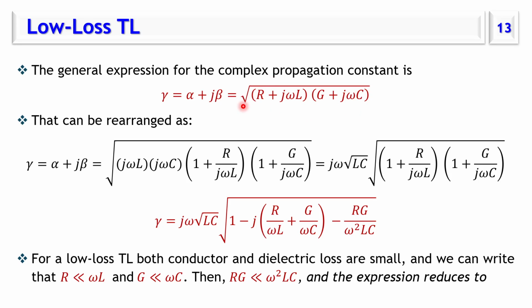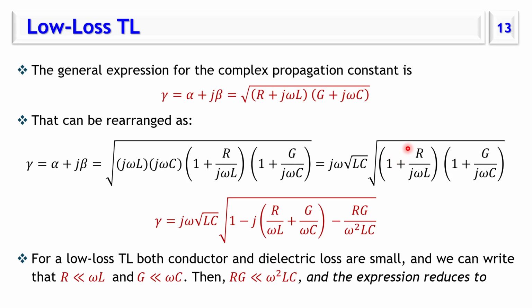We are using the lumped element model that we discussed in the first lecture about transmission lines. This can be rearranged as such. This one here is the one that we use frequently when neglecting losses.